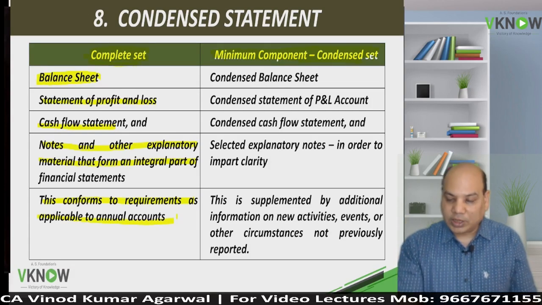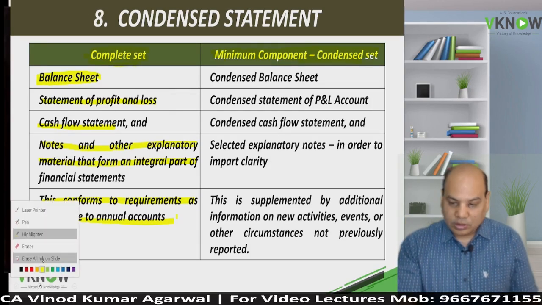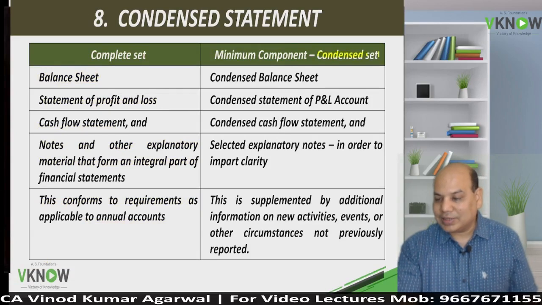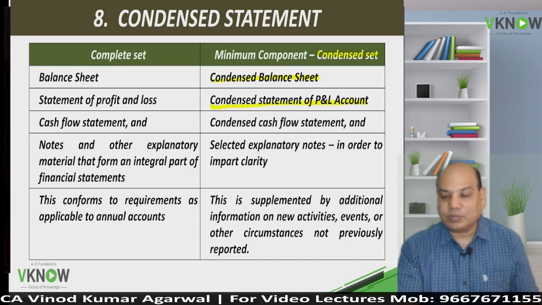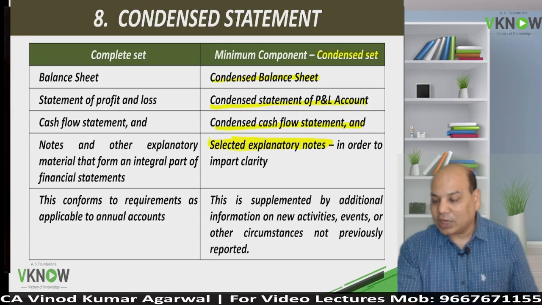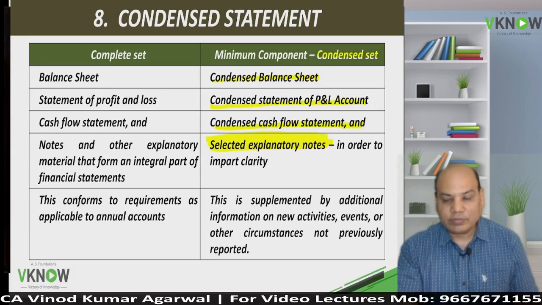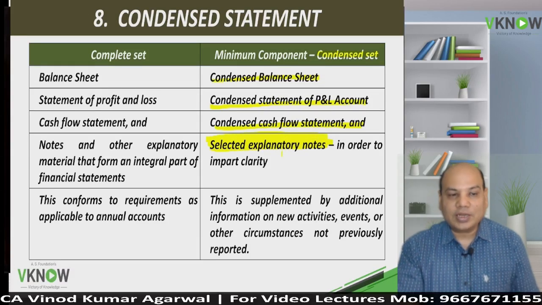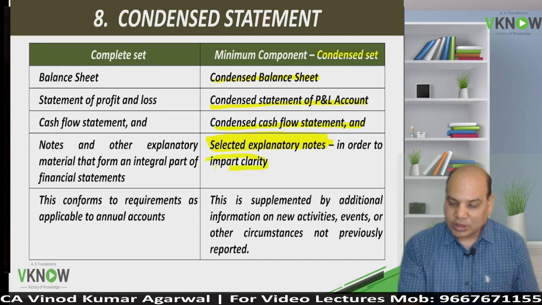But if you are preparing minimum component or condensed set, you will have to give condensed balance sheet, condensed statement of profit and loss, condensed cash flow statement, selected explanatory note, in order to impart clarity so that users can understand.